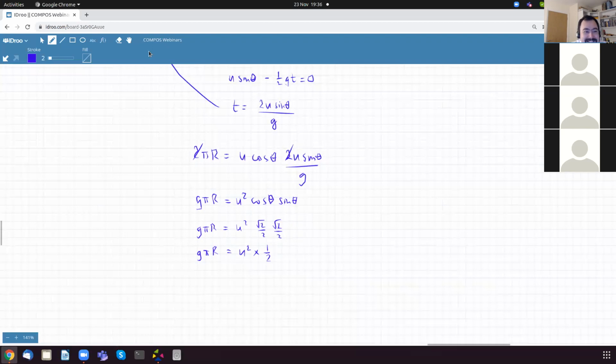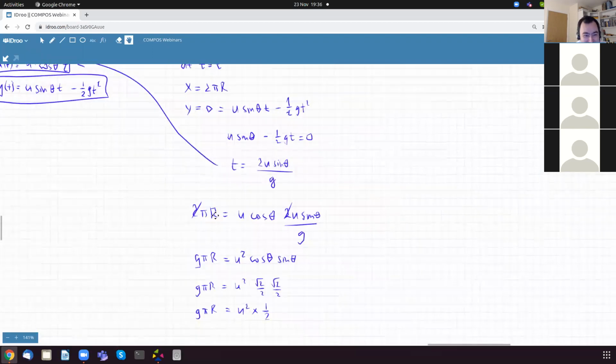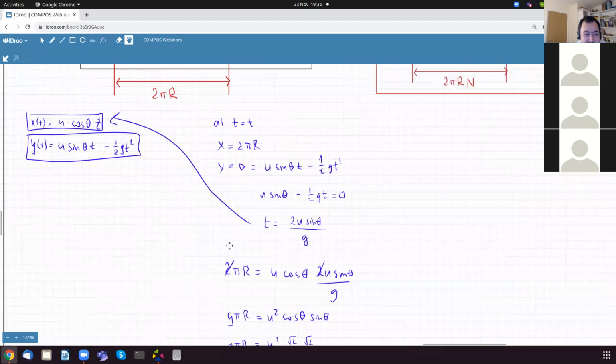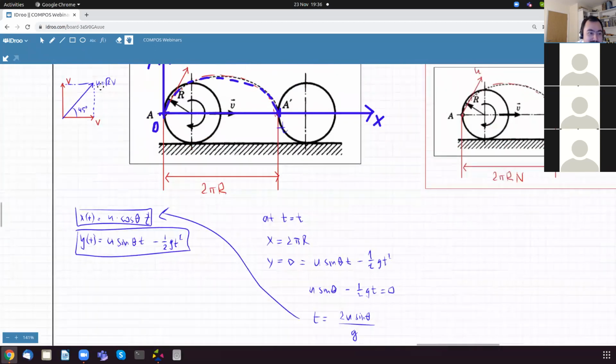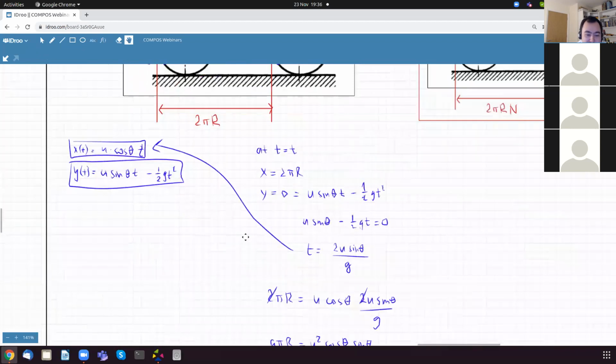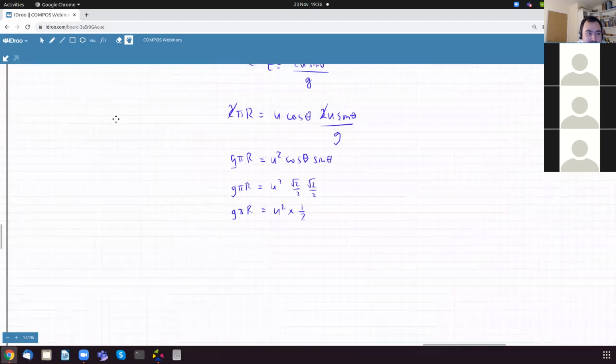And then I found a mistake that I've made. Well, not here, but previously when I was doing this question. I forgot that u is square root of 2v. So g pi r is equal to 2v squared times 1/2.